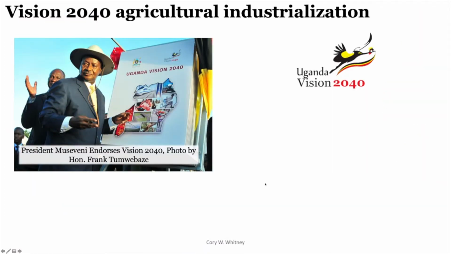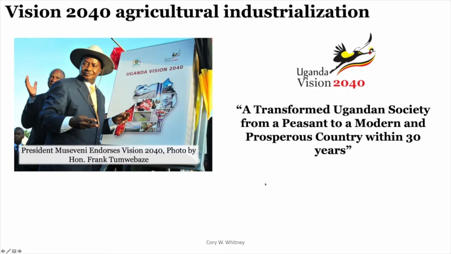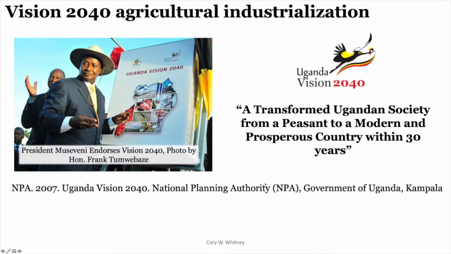We spoke of this before, so just briefly to remind you about Uganda's Vision 2040 and how we treated this as one decision context. Vision 2040 calls for the industrialization of agriculture in Uganda, the movement from smallholder to industrial agriculture, with the idea that this will have an effect on the nutrient composition of people's diets and decrease malnutrition.